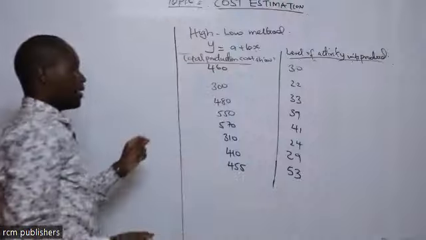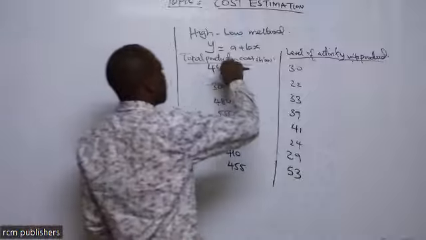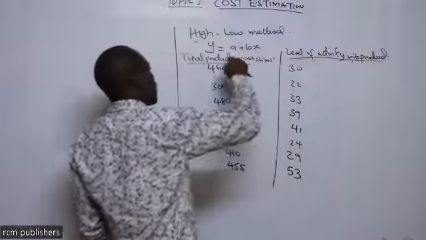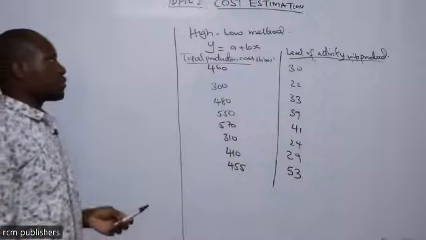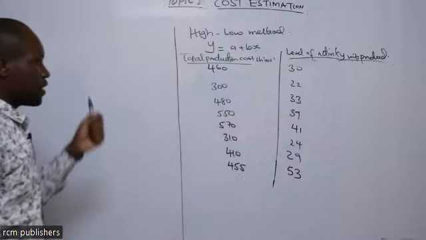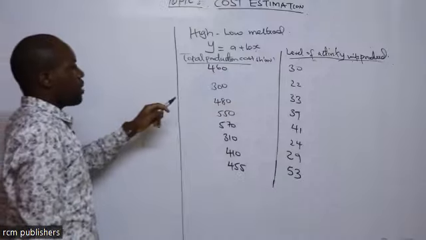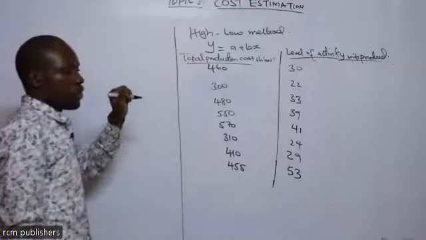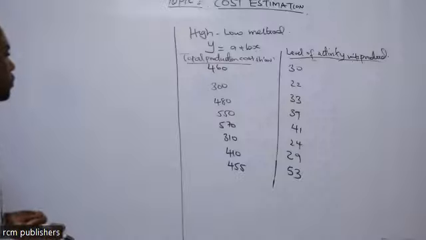So if that kind of information is given, you first of all have to convert the column titles here to either Y or X. So can someone help us identify what column we are going to change to Y and which other column we are going to change to X? And maybe give a reason if possible.